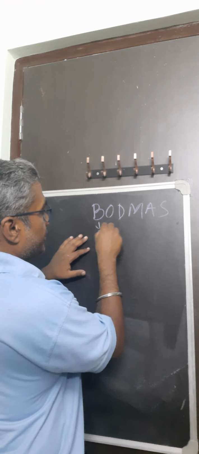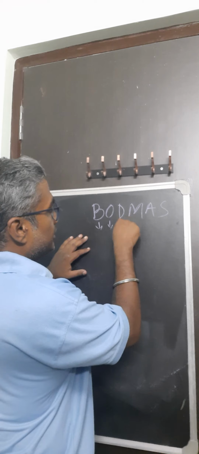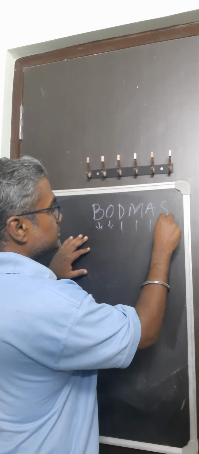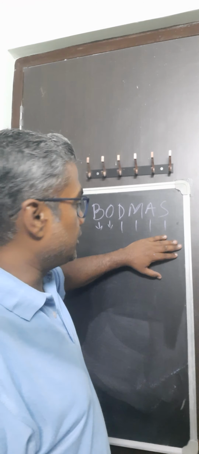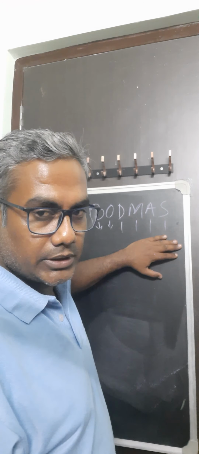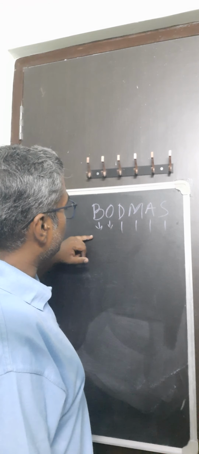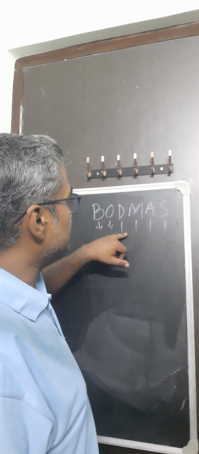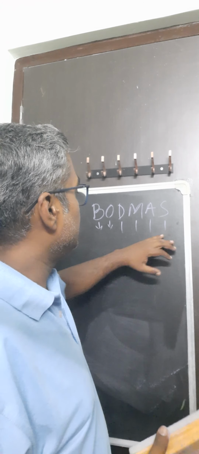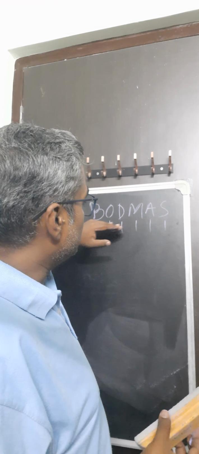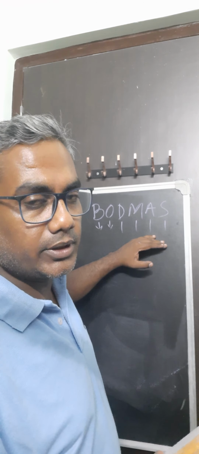B stands for bracket, O stands for of, then division, multiplication, addition and subtraction. If all these operations come together in any simplification, then it will follow bracket first, then of, then division, multiplication, addition and subtraction. Okay, as this is not a part of my trick, just for understanding I am saying we won't follow this rule in our trick.